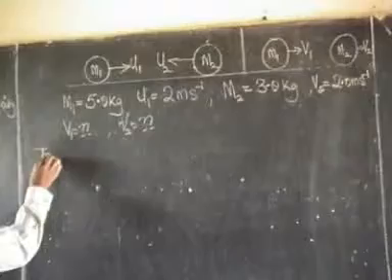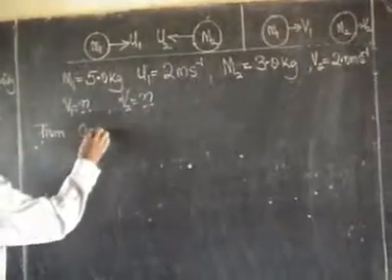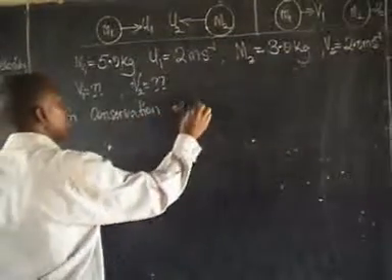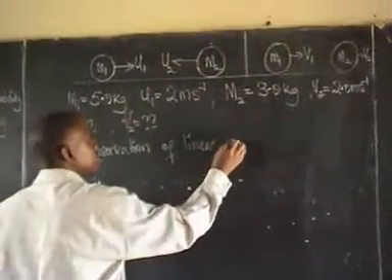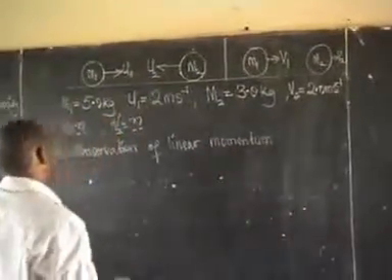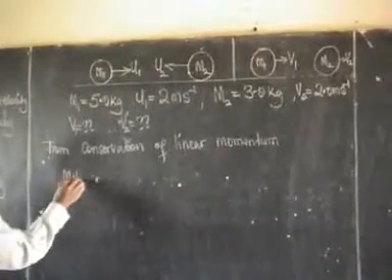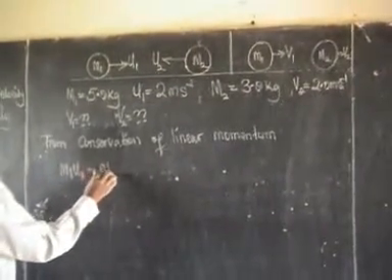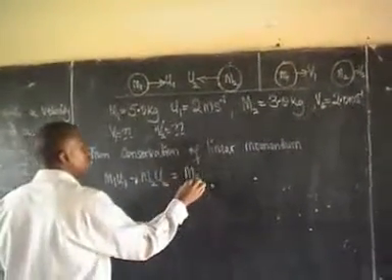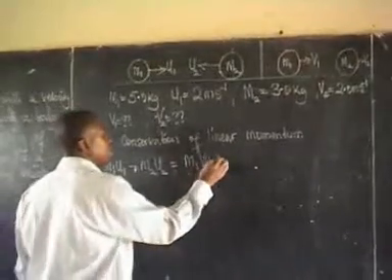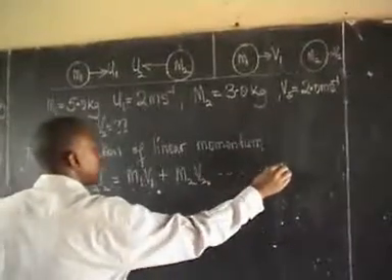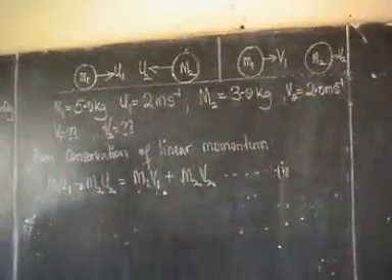So from conservation of linear momentum, we shall have our m1 u1 minus m2 u2 equals m1 v1 plus m2 v2. So you can call this our first equation.